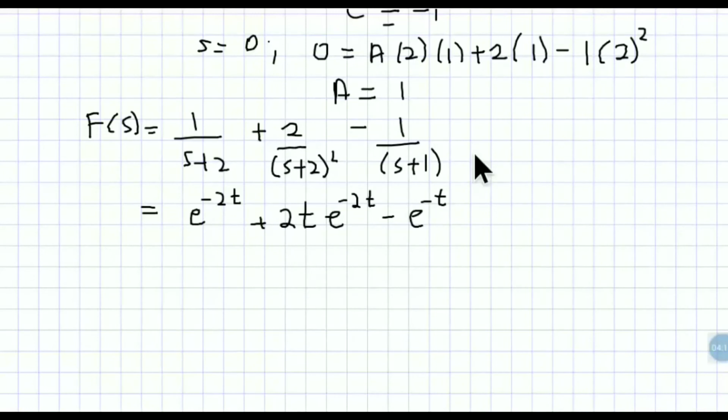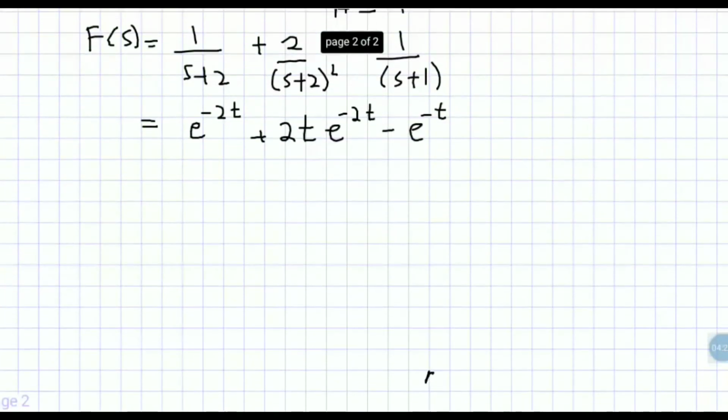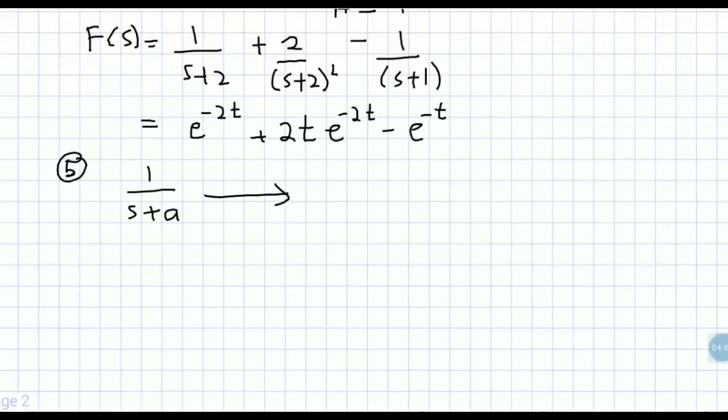If you look carefully from the theorem number, if I'm not mistaken, number 5 and 6, from the table, and you need to understand the theorem as well, you can see that if we have 1 over s plus a, the inverse Laplace transform is e to the power minus at.